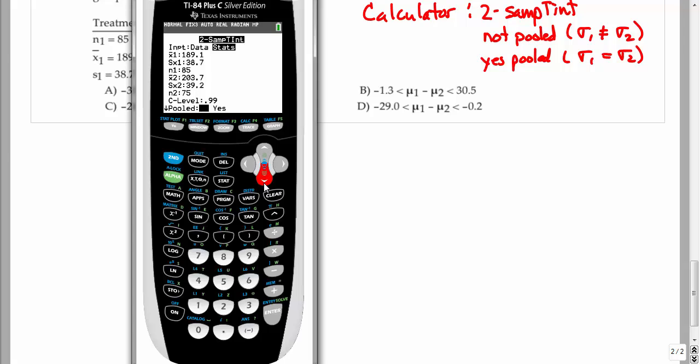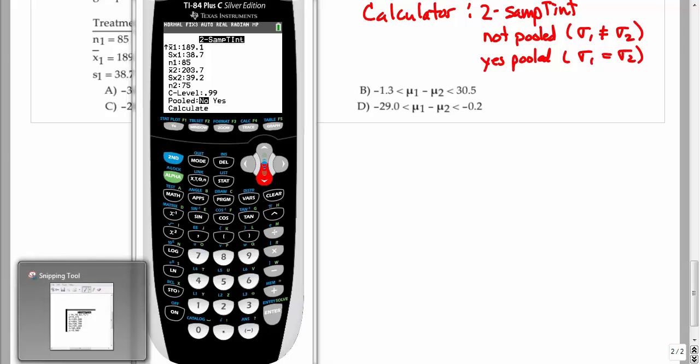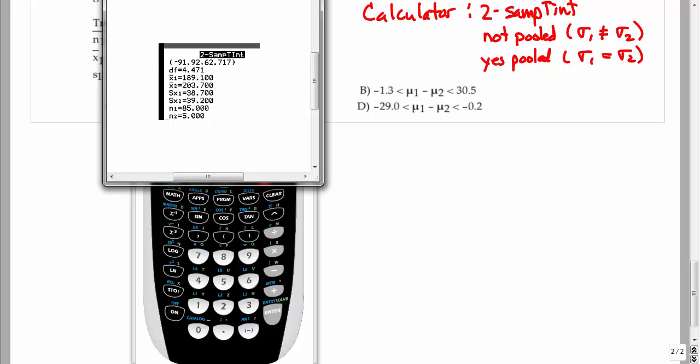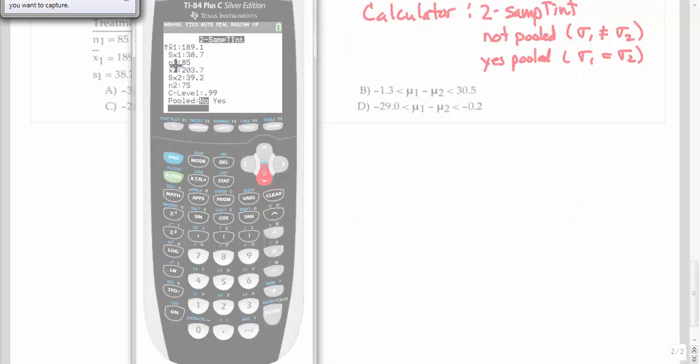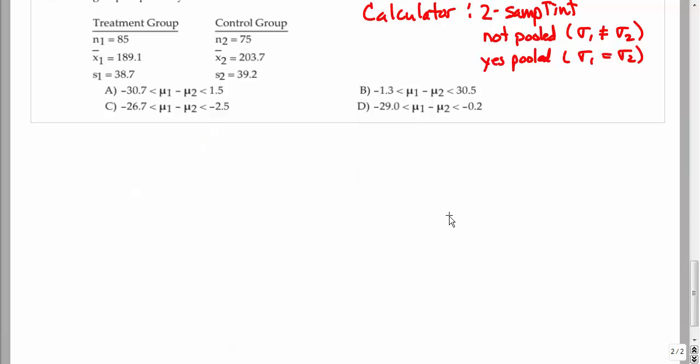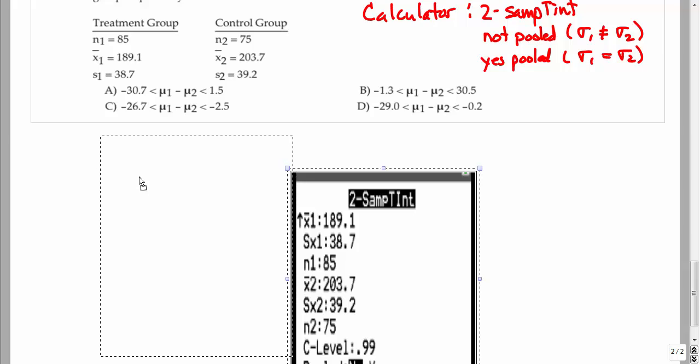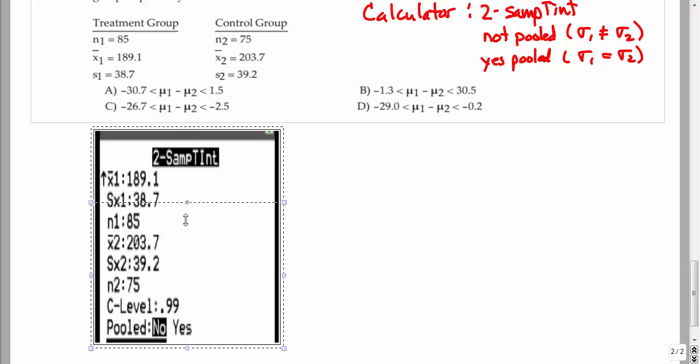Stick with pooled as no and calculate. Well, let's hope we get some better results that'll match up here.